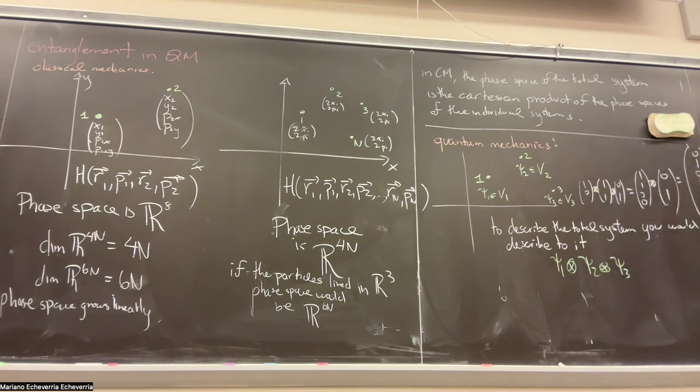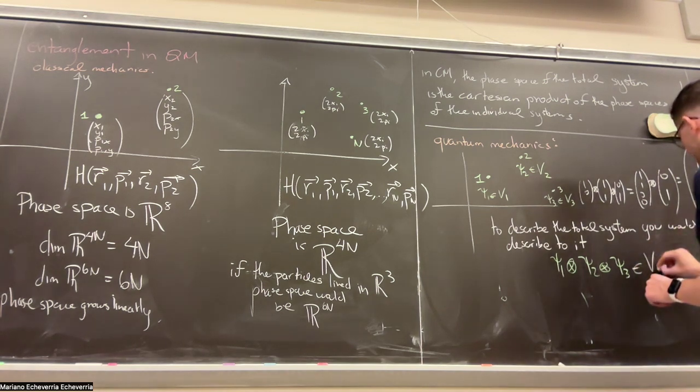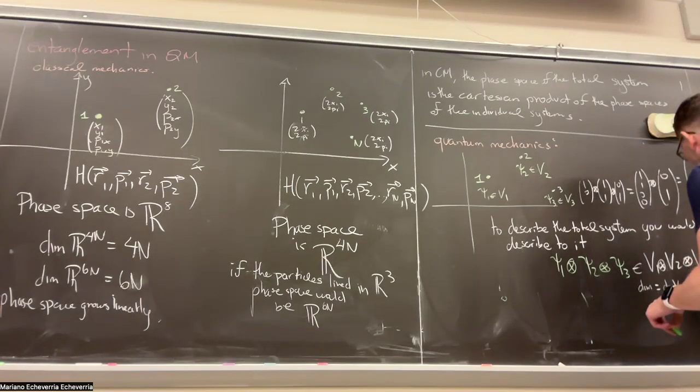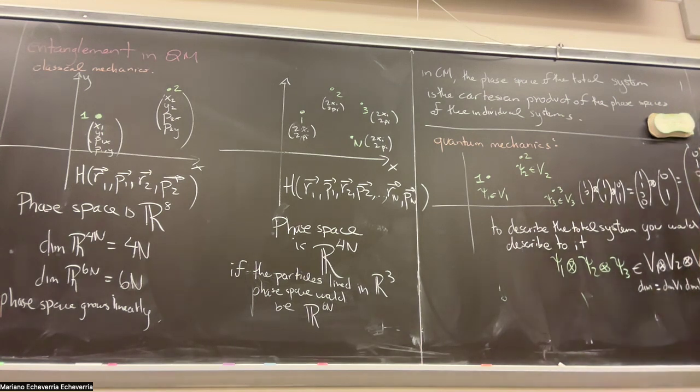So this belongs to a space which has dimension equal to the product of the dimensions, like the dimension of V1 times the dimension of V2 times the dimension of V3. Okay?